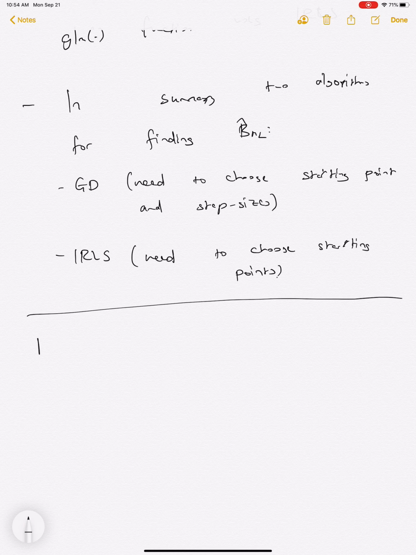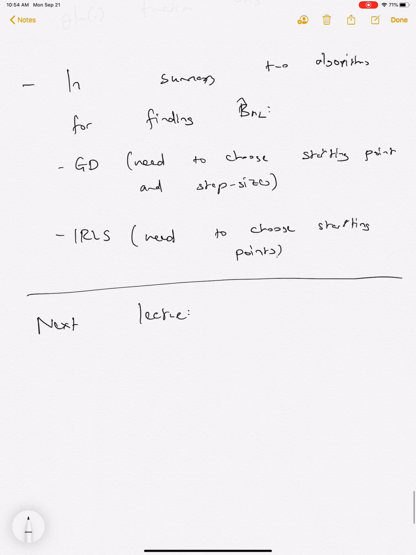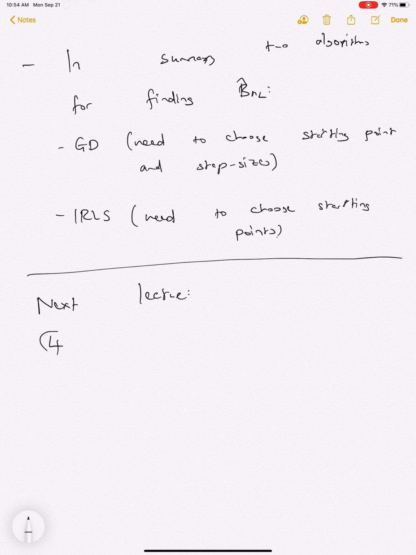Okay, and in the next lecture, we're going to wrap up this discussion on generalized linear models. We're going to spend a brief amount of time talking about component 4, which is the statistical analysis.